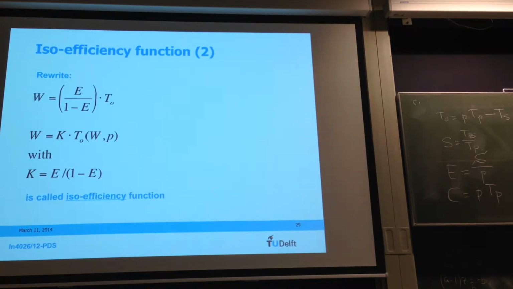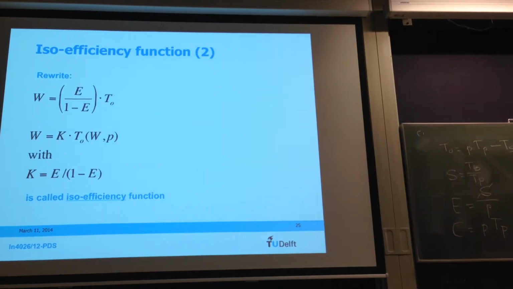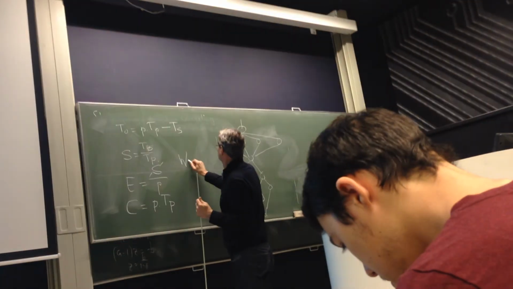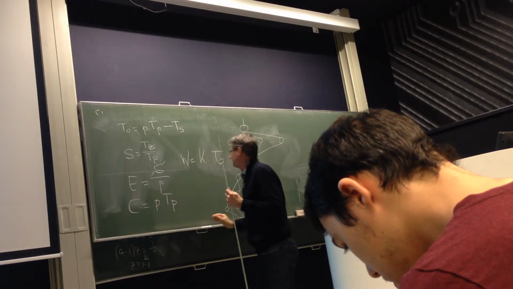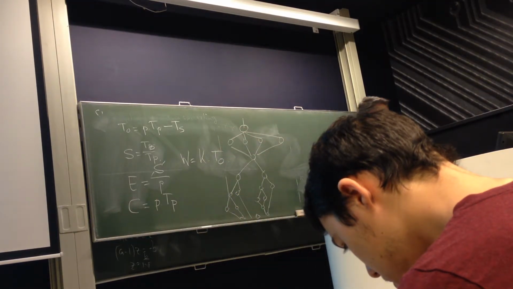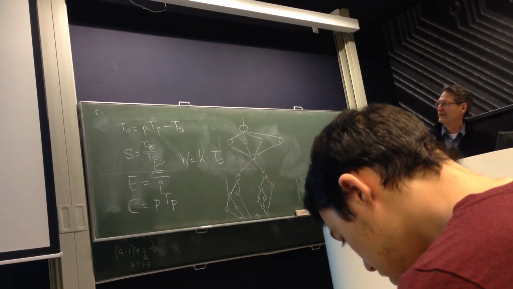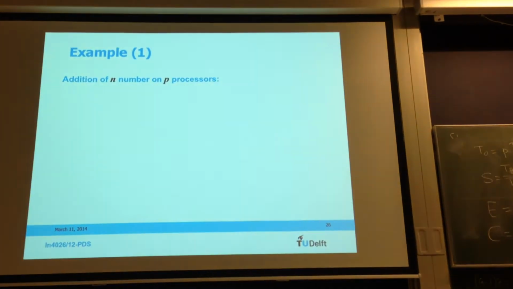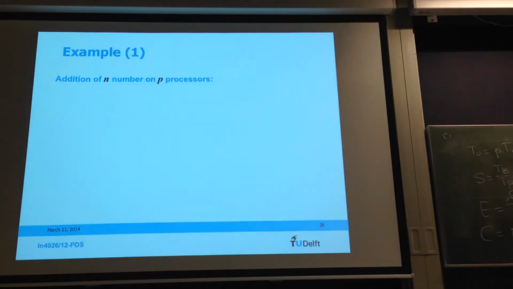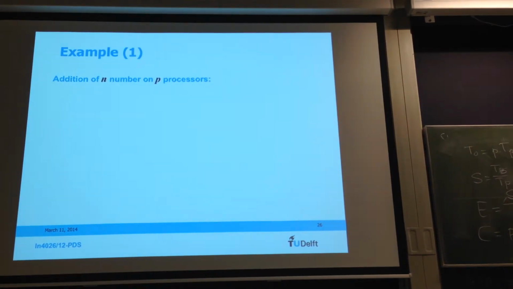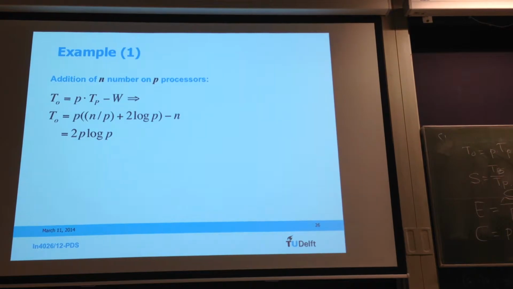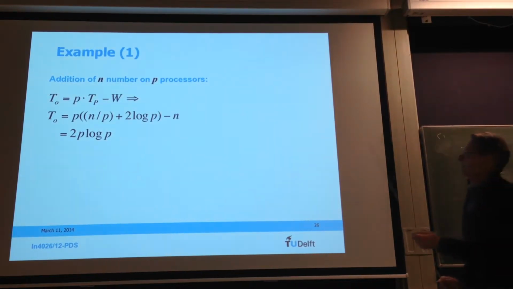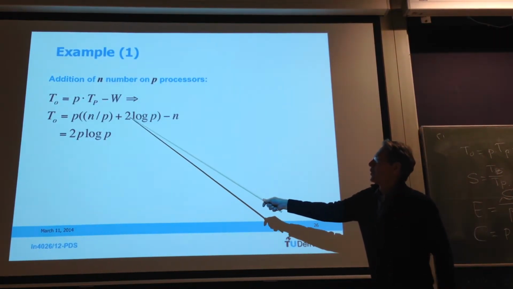Let me put it on the board. It's a constant times the overhead. Go back to our example, what this means: adding N numbers on P processors in an optimal way. This we already derived before.